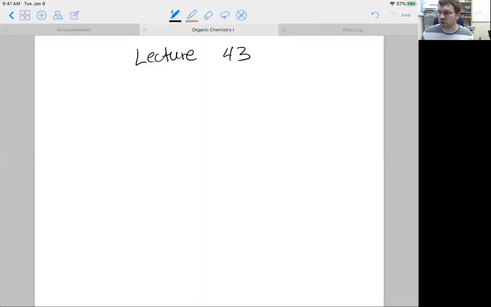In this lecture, I want to briefly go over how to convert from a Newman projection back to a seesaw structure. It's really just working backwards, but it's good to go through at least one example. So let's go ahead and draw a Newman projection.